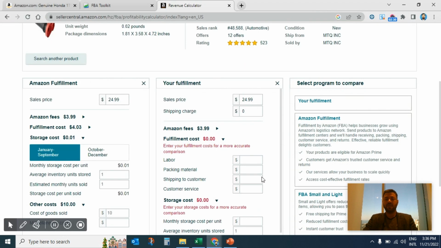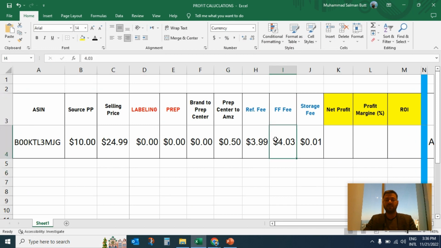Okay, so I just copy paste all these Amazon fees, which is referral fee 3.99, and then there is fulfillment fee which is 4.03, and storage cost is 0.01, just one cent.